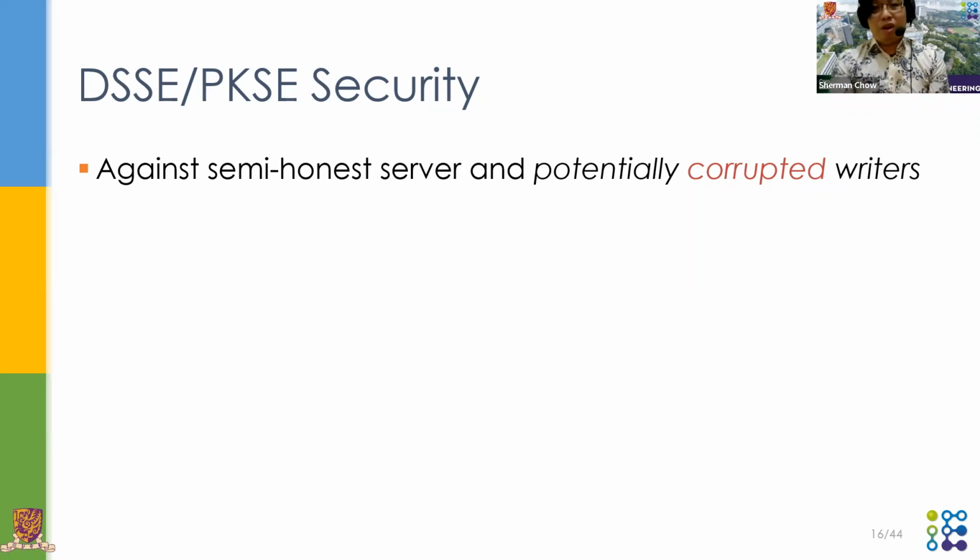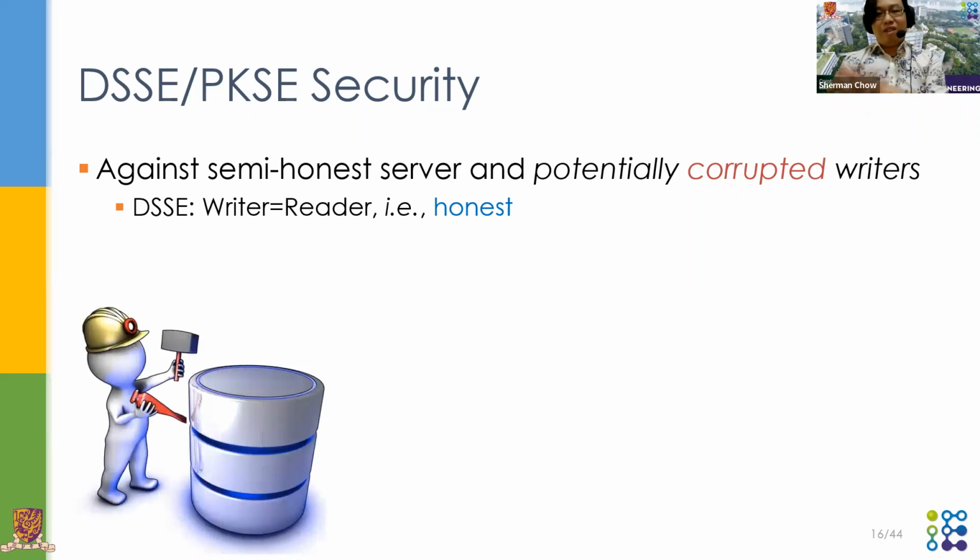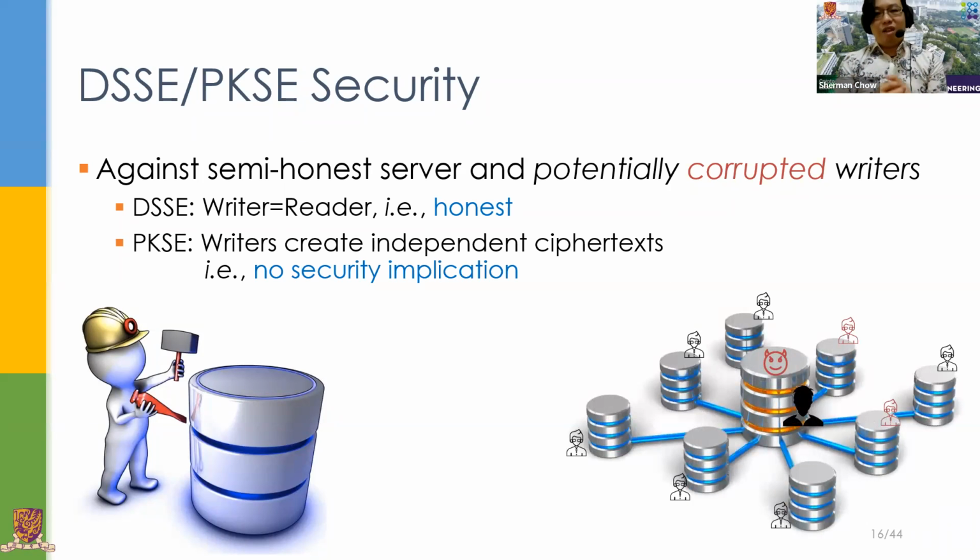We have our semi-honest server, but now we have a potentially corrupted writer because we have multiple writers. If you think about the DSSE definition, the writer is simply the reader, which means by definition this party is honest, so we don't have that concern in the DSSE security formulation. For PKSE, there are of course multiple writers, but each writer creates an independent encrypted database.